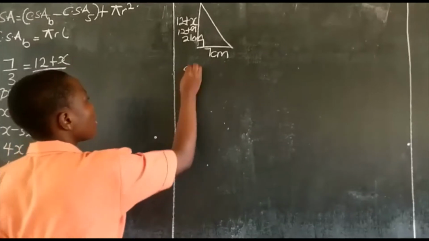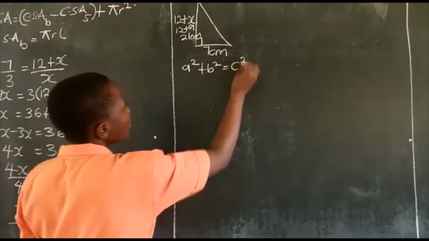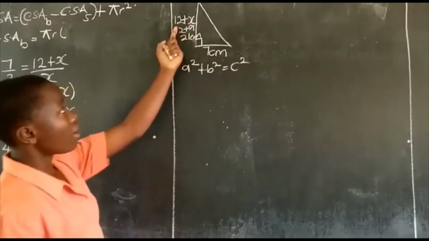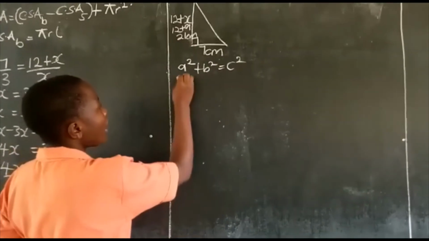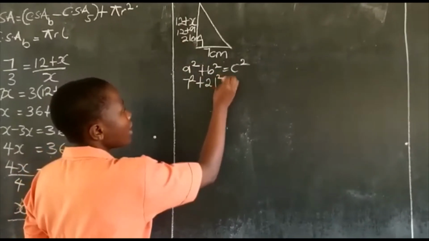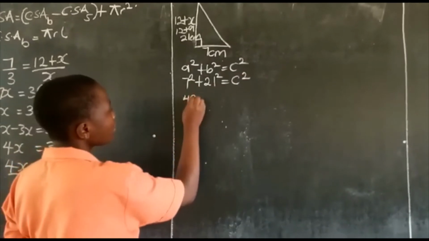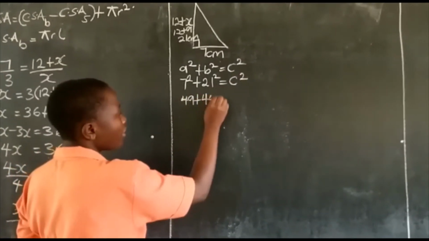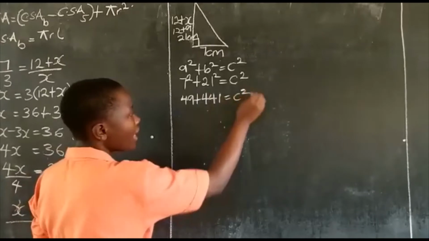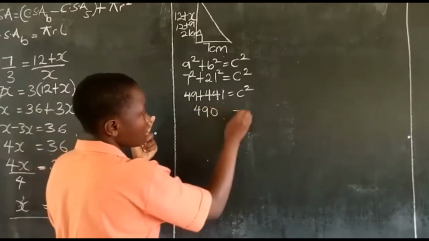So it will be a squared plus b squared is equal to c squared. We have a as 7 and b as 21. So 7 squared plus 21 squared is equal to c squared. We shall have 49 plus 441 is equal to c squared, and we shall have 490 is equal to c squared.